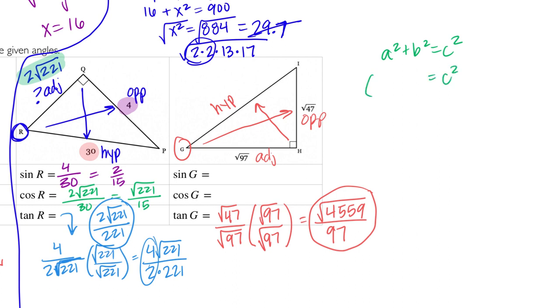And then a would be root 47, and b would be root 97. And if you square that root, it's just 47. And if you square root 97, it's just 97. When you add those together, you get 144. Now that's a nice number.